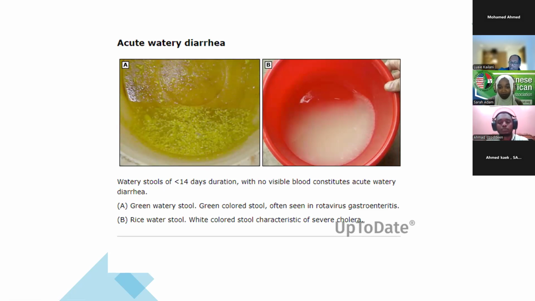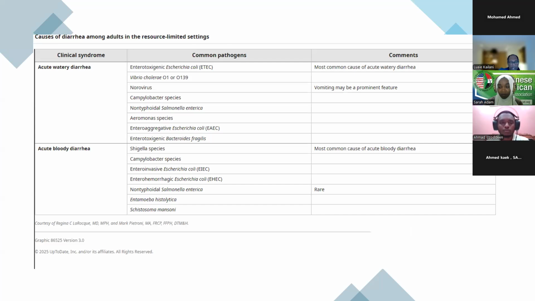But just before we start the diagnosis, a quick look at the differential diagnosis, because not all diarrhea is cholera, but cholera is important because the volume of diarrhea, the volume of loss, and the composition of the stool itself is a little bit different in cholera compared to the others.